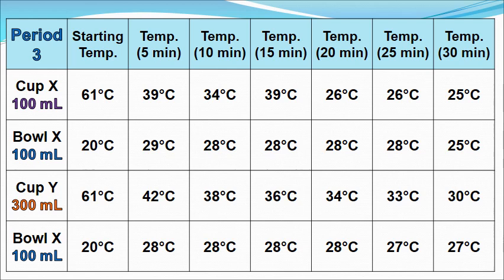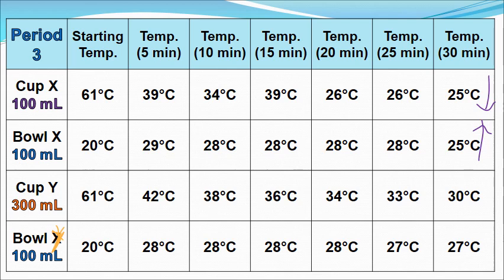So what we see is that over time, in cup X, the temperature goes down. It started at 61, it goes down to 25. The bowl goes up. But then if we look at what's going on in system Y, oh, and I see an error here, third period. I'm just kidding.